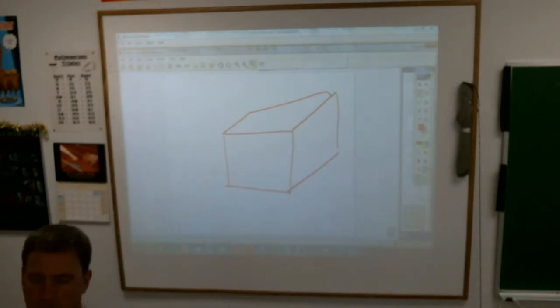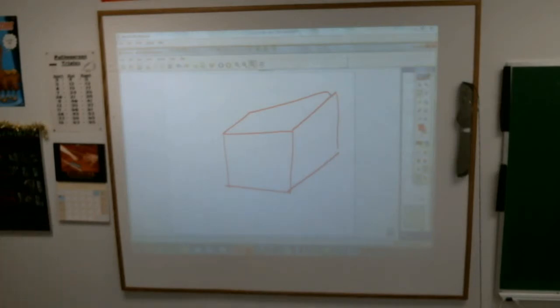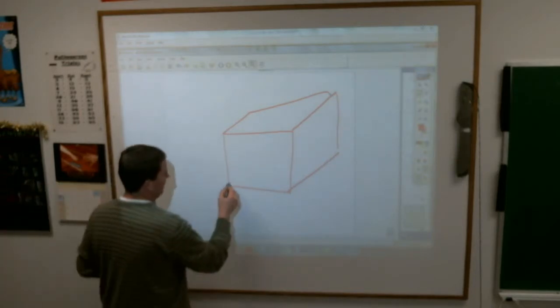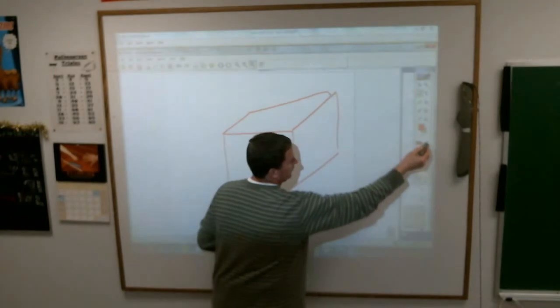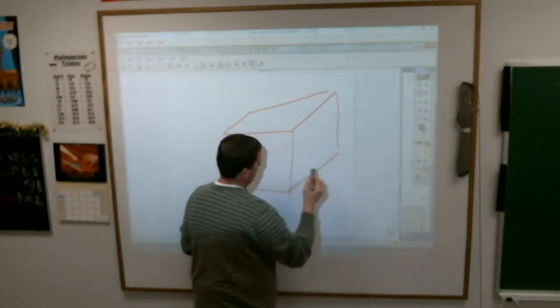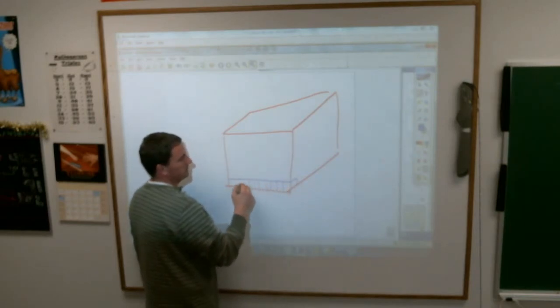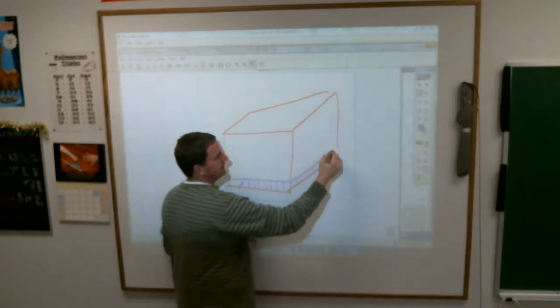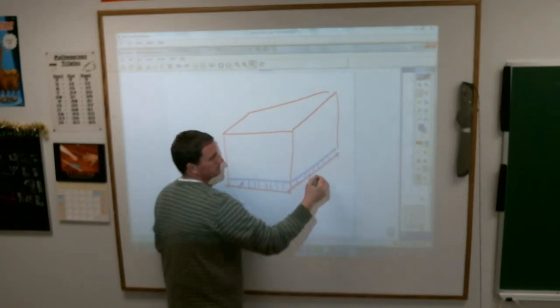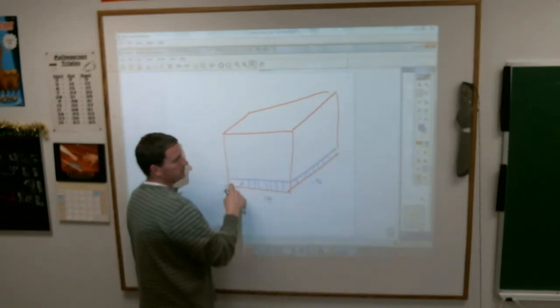There are 10 cubic centimeters. You with me there? Just in the front row, there are 10. And then there would also be 10 this way. So it is 10 by 10.